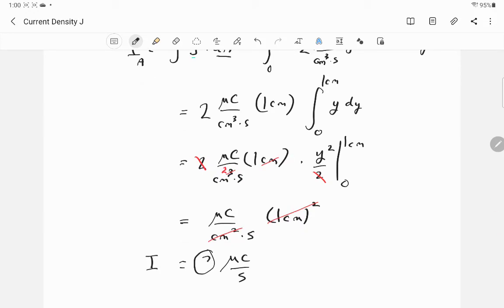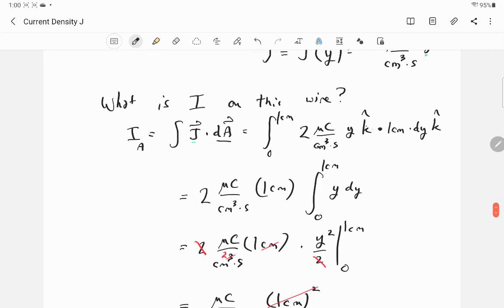So how come I don't have any numbers? Is this the same thing as getting 0? And nobody's tricked by this, right? It's not 0. This is the same thing as 1 microcoulomb per second. It's just because I chose certain numbers. So this 2 ended up canceling the 2 that shows up in the denominator from integration.